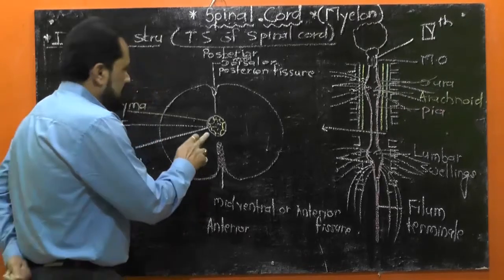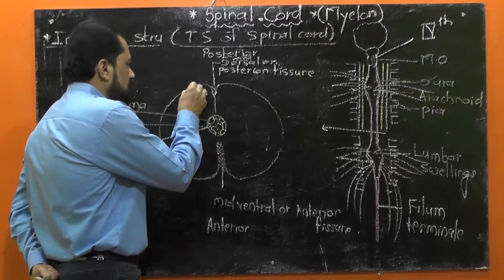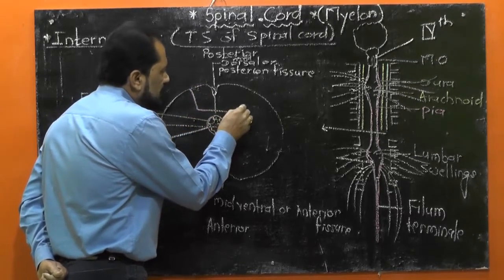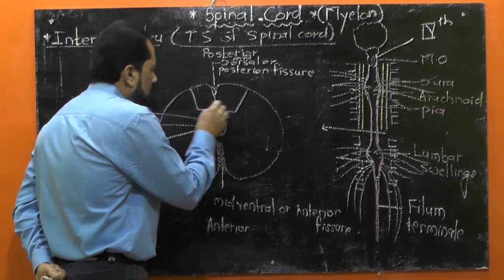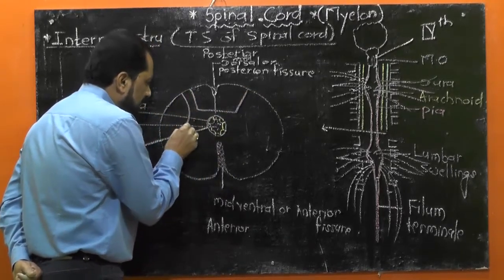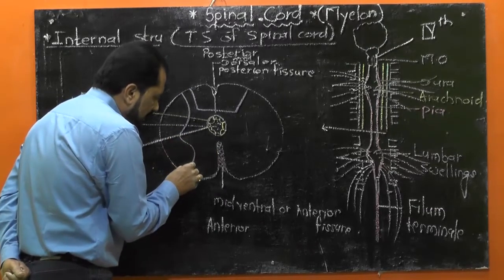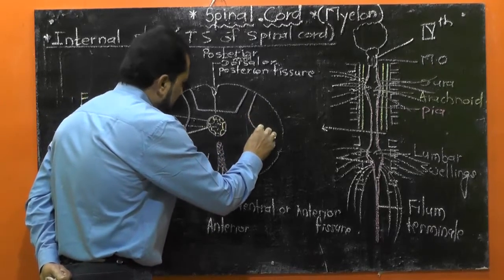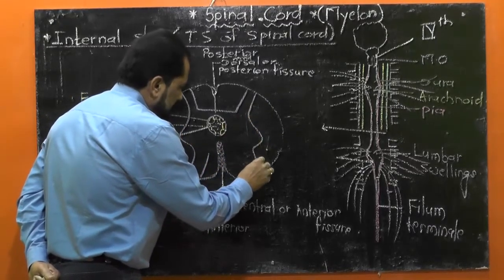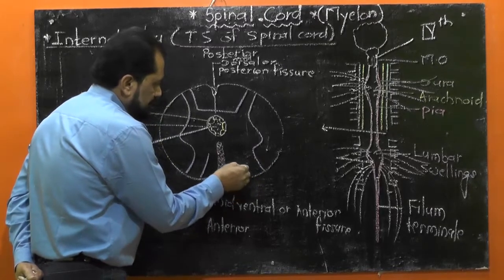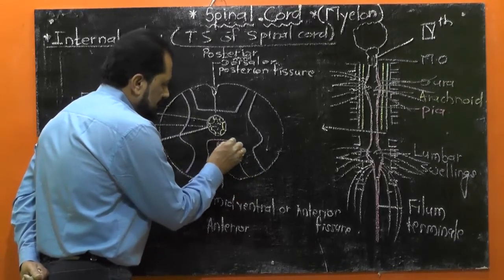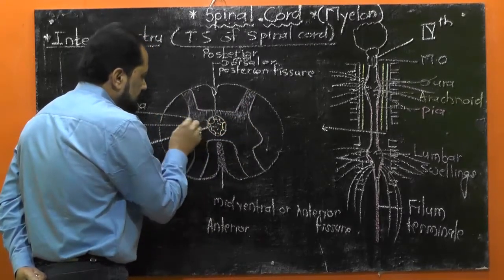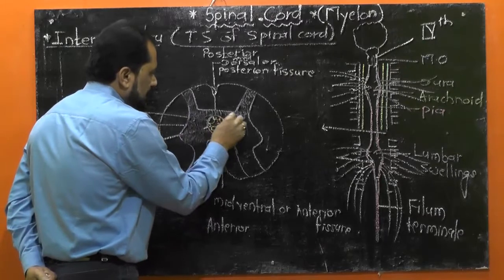I said that this central canal is surrounded by inner capital H or slightly butterfly shaped gray matter, and outer white matter. Consider here is supposed to be the gray matter. This H shaped nervous tissue represents gray matter.